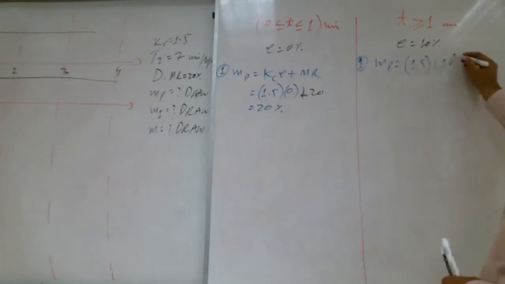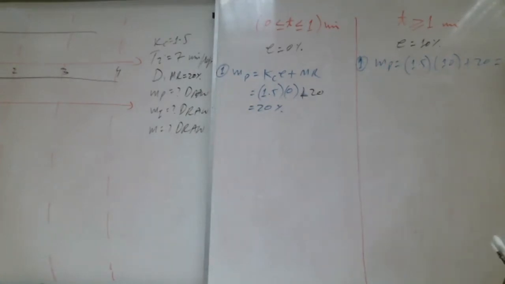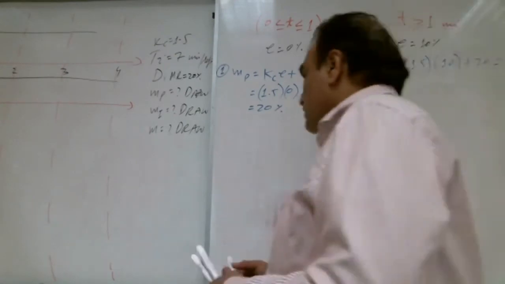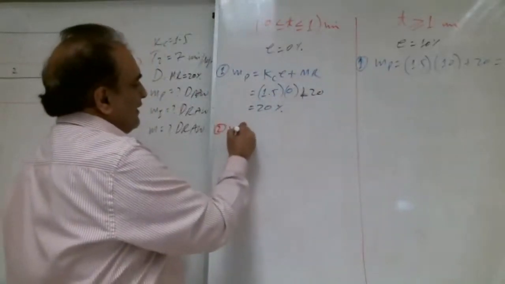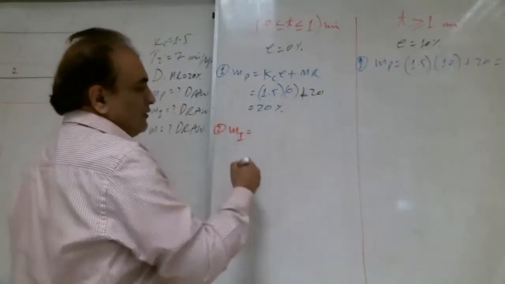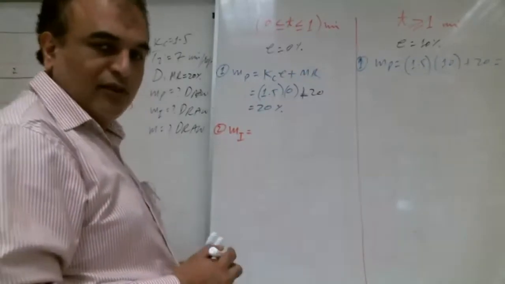Error 10. MR 20. How much? 35. 35%. Second step always: MI. How much is MI, Shabab?